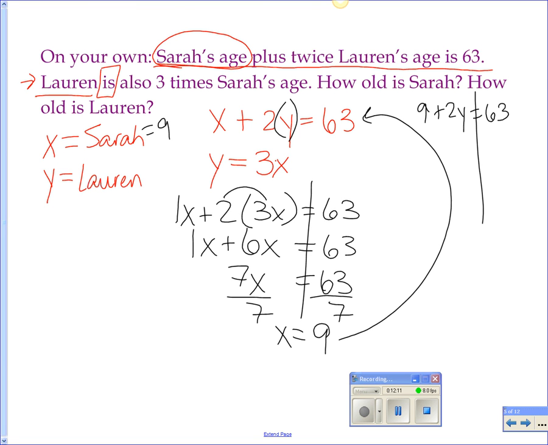Bishop, what number moves to the other side here? And that gives you 54. And Chuck, what do you do last right here? 27. Haley, who's 27? Lauren, good.